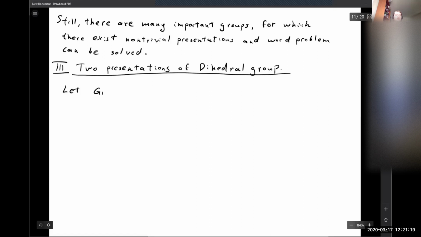Okay, so let G1 be defined as a group generated by two elements, subject to the following relations.